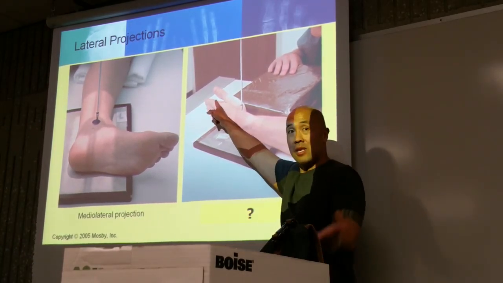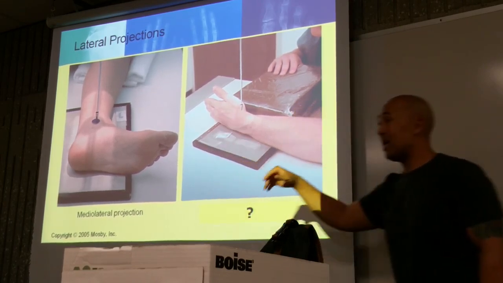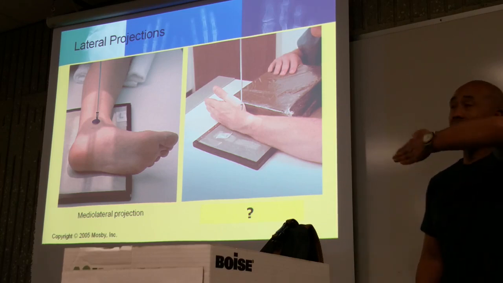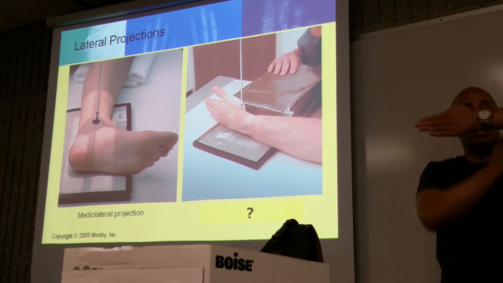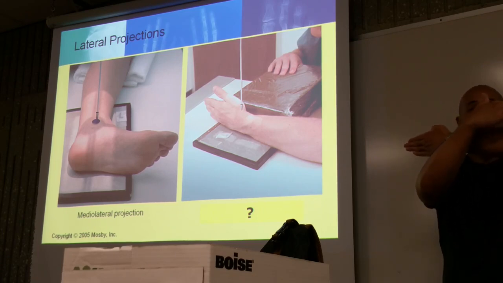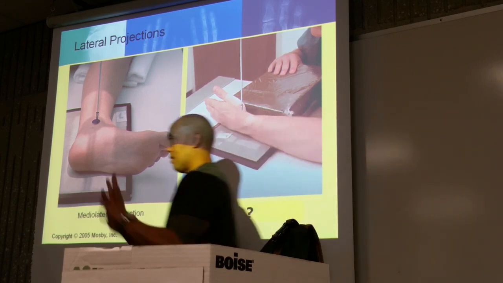It's still entering the lateral and exiting the medial, so that would be a lateral-medial, lateral hand. It's the same thing, but of the hand. Same thing with the elbow. When we're doing a lateral elbow, it's entering the lateral aspect and exiting the medial, and it's a lateral-medial, lateral elbow.